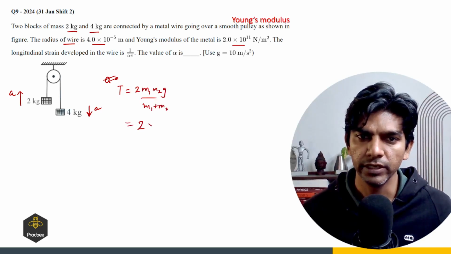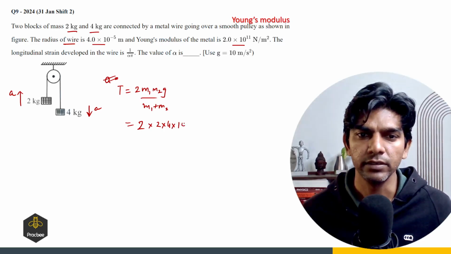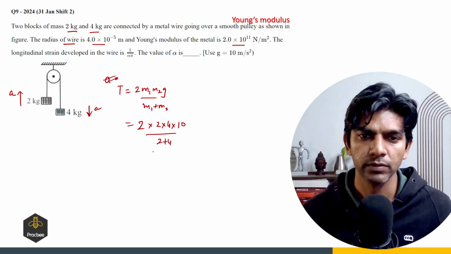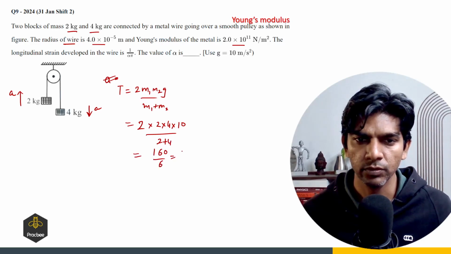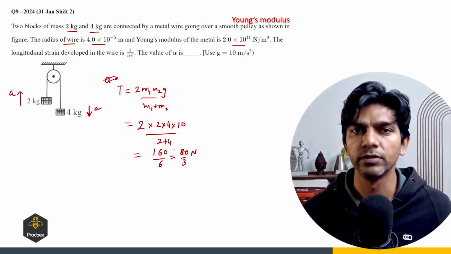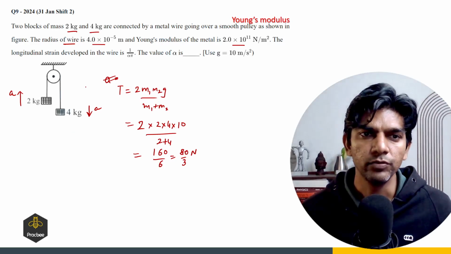So this will be 2 times 4 times g, which is 10, divided by 2 plus 4. So it will be 160 divided by 6, or we can say 80 by 3 Newton. So 80 by 3 Newton is the tension.